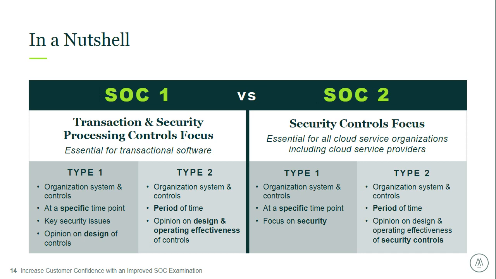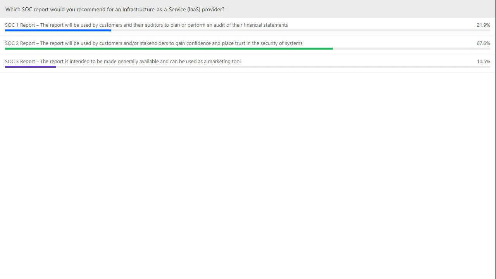All right, so hopefully everybody's had a chance to pick one of those three answers and hit submit as we move on to the next slide to look at the results. Great. So 69% of us have the right answer, or the intended answer, which was a SOC 2 report. Typically, as an infrastructure as a service provider, your biggest concern for your customers is to ensure that they have confidence and trust in the security of your systems.